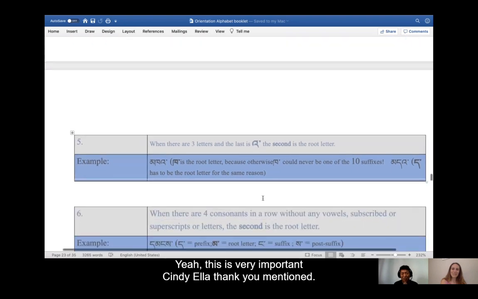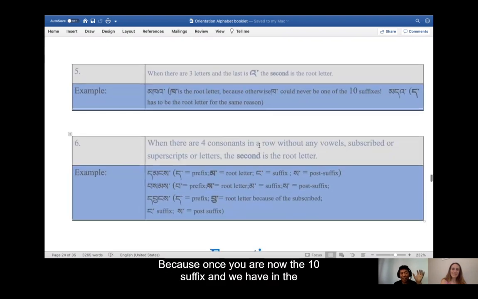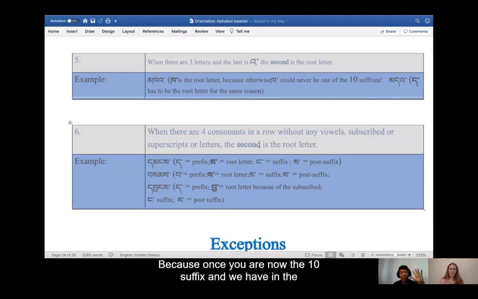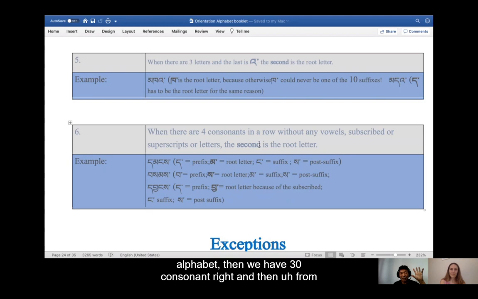Thank you for mentioning it, because once you know the 10 suffixes, we have in the alphabet 30 consonants, right? And from the 10 suffixes, we still have 20 consonants. These never become prefix, never become suffix, never become post suffix.